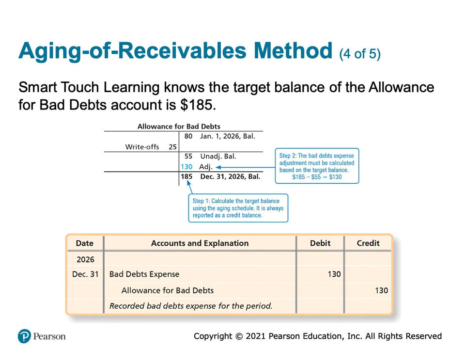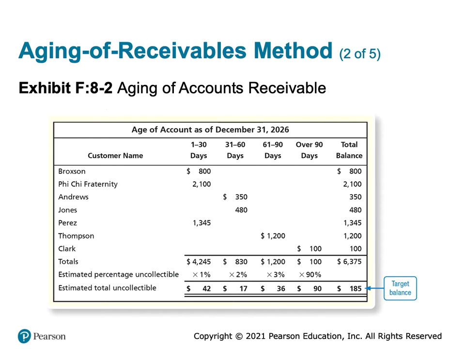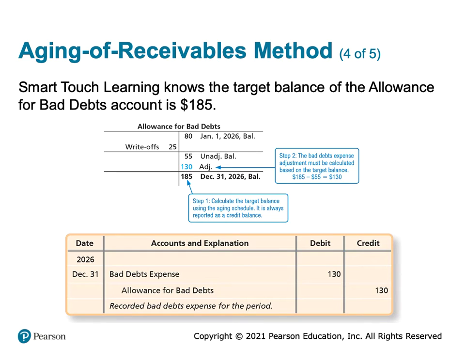And so we can see in this slide that we again had an unadjusted balance of $55 for the allowance for bad debts. Based on our aging of receivables chart, our target balance is 185 in the lower right-hand corner. So we plug that in and then determine that we need to do an adjusting entry for $130.